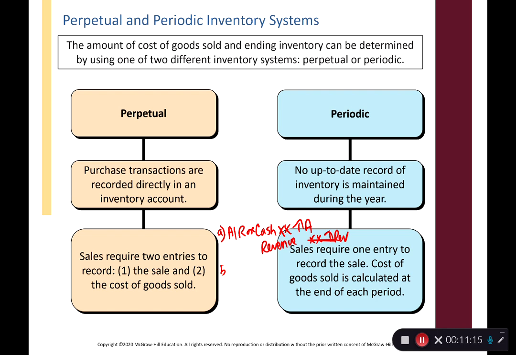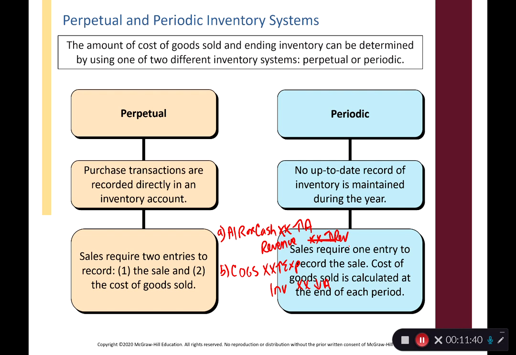And then part B would be to record the cost of goods sold associated with that sale. That's the cost for Target or Walmart to sell you those goods. So the expense would go up and the inventory asset would go down. That's happening with every boop that you hear. Both of those entries get recorded.